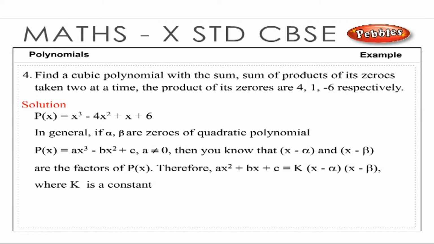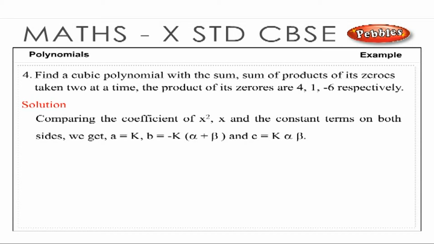Therefore, ax square plus bx plus c is equal to k into (x minus alpha)(x minus beta), where k is a constant, which is equal to k into (x square minus (alpha plus beta)x plus alpha beta), which is equal to kx square minus k(alpha plus beta)x plus k alpha beta.